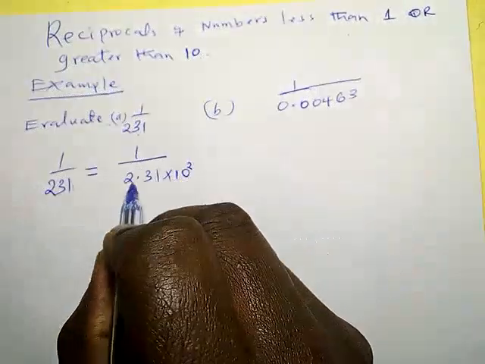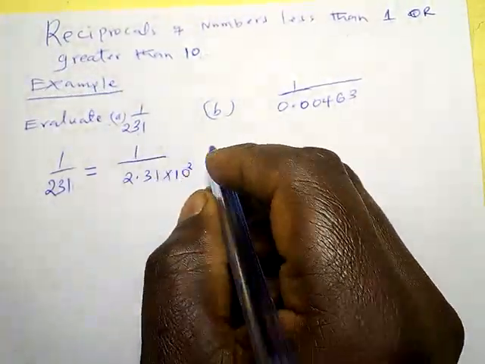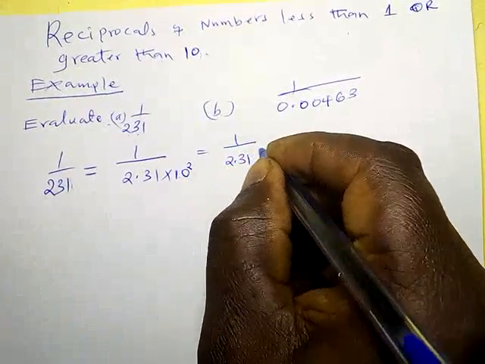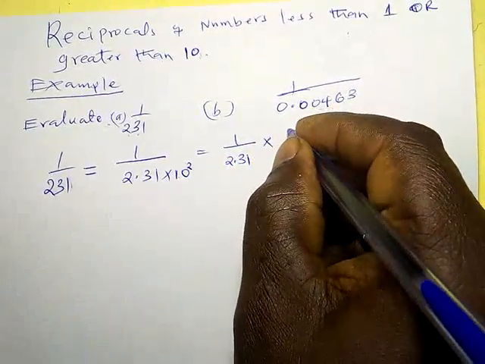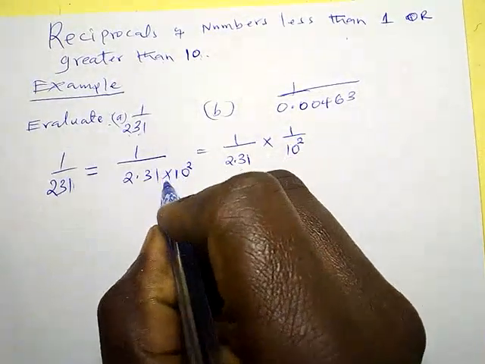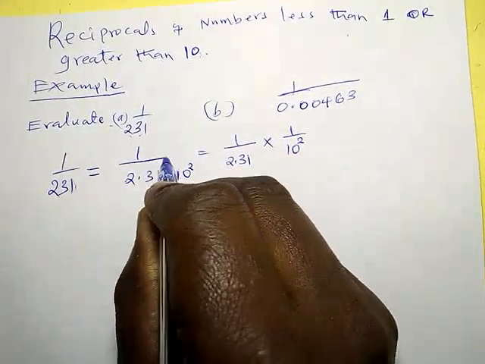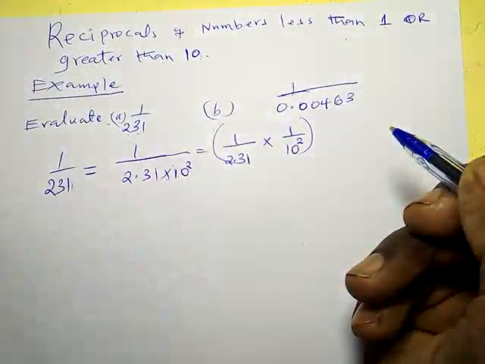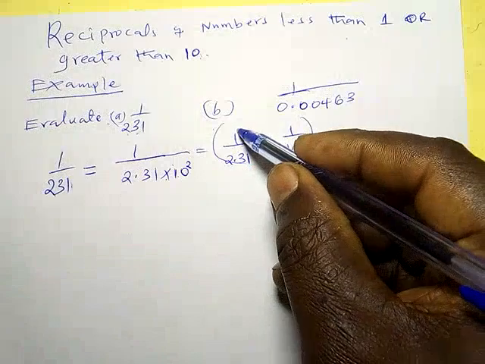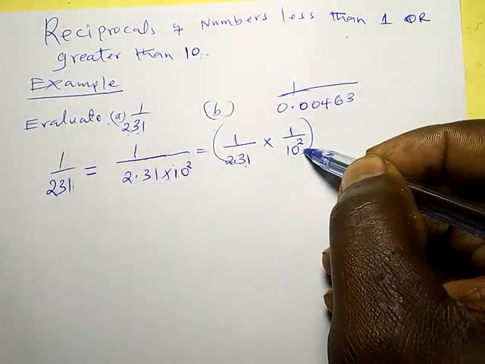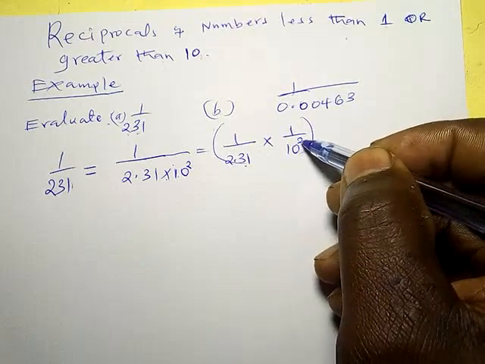So we want to find the reciprocal of this, which is the same as 1 over 2.31 times 1 over 10 raised to power 2. I have just broken this multiplication because this one stands for everything. So we are looking for the reciprocal of this from the table and the reciprocal of 1 over 10 raised to power 2.